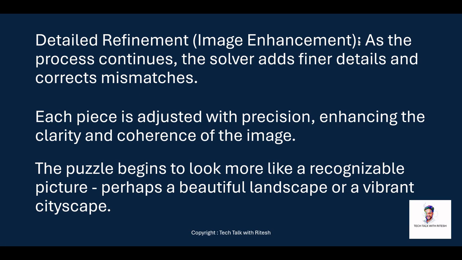Now, detailed refinement, image enhancement. As the process continues, the solver adds finer details and corrects mismatches. Each piece is adjusted with precision, enhancing the clarity and coherence of the image. The puzzle begins to look more like a recognizable picture, perhaps a beautiful landscape or a vibrant cityscape.